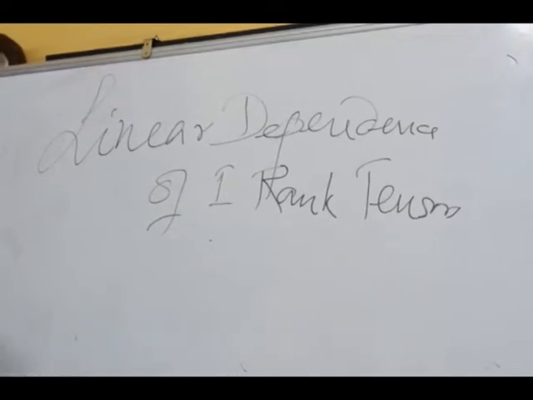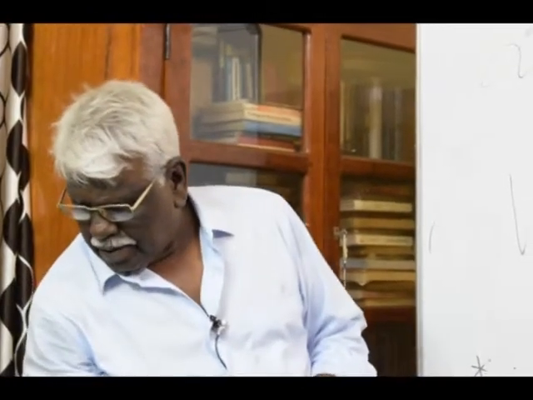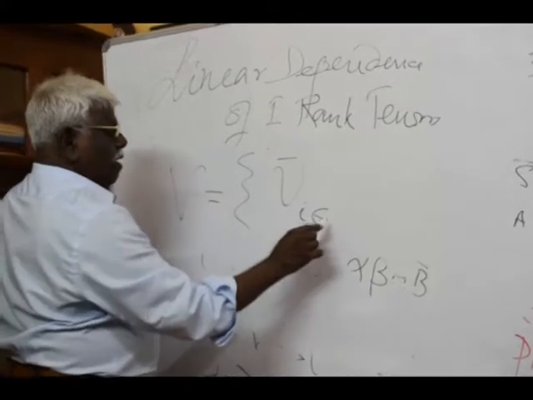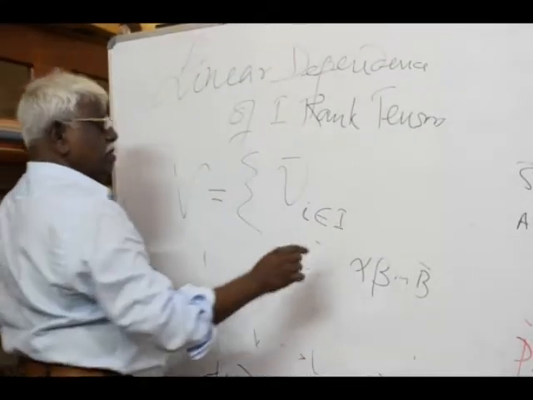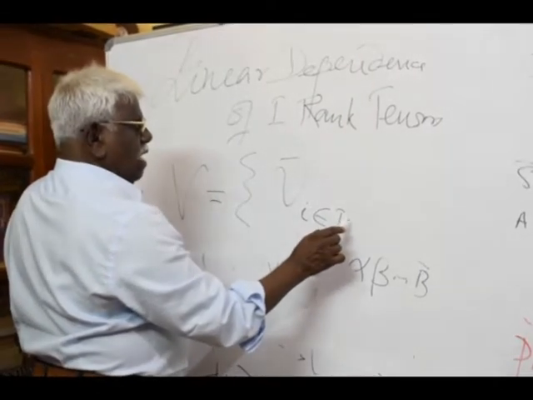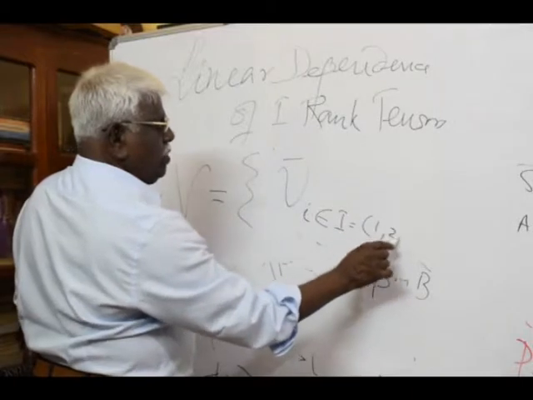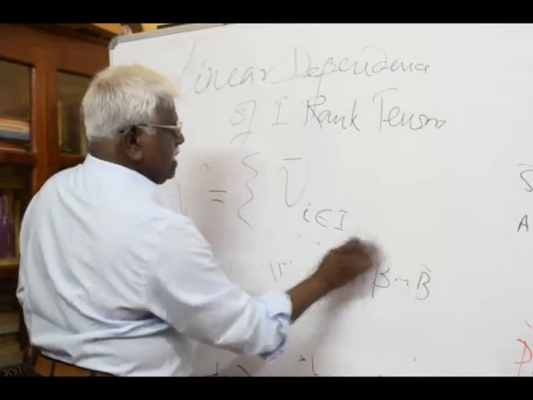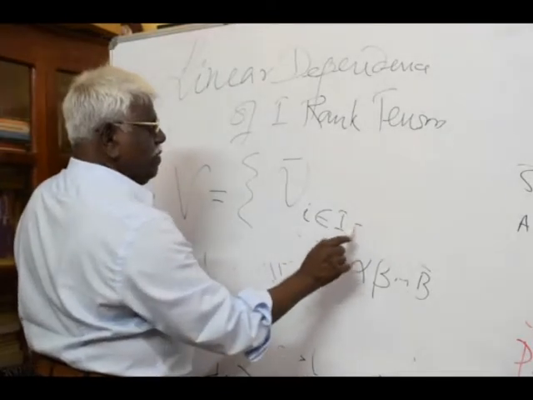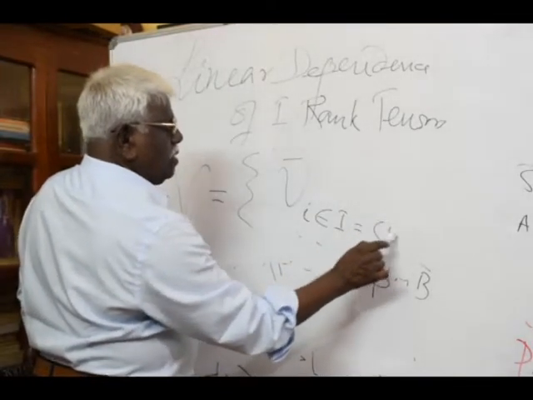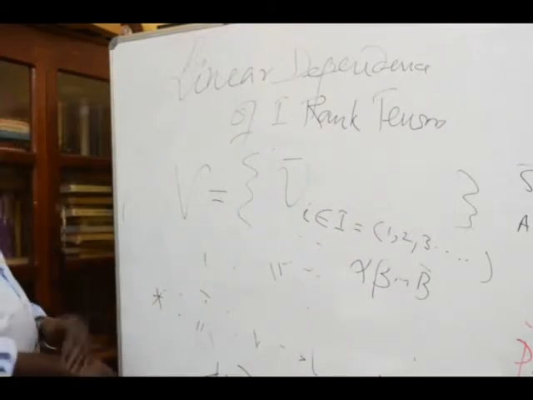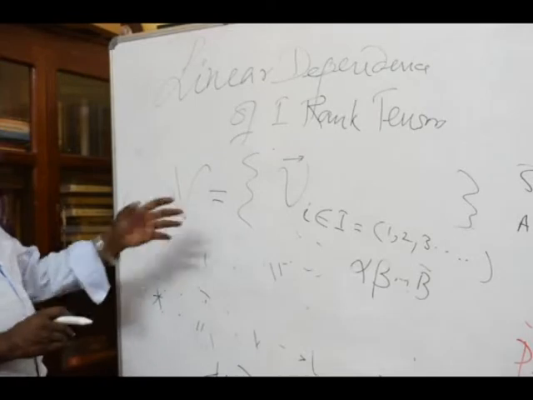A first rank tensorial space, say vectorial space V, is the set of all vectors v_i, with i belonging to an index set I, which could be 1, 2, 3, etc. A vector space, first rank vector space. That is a vector space, first rank tensor space.